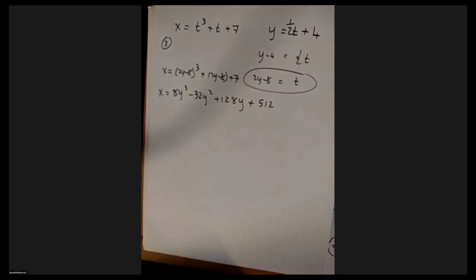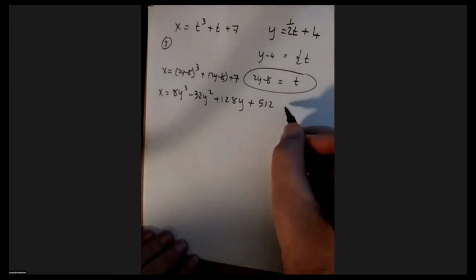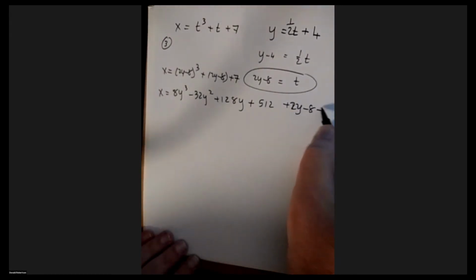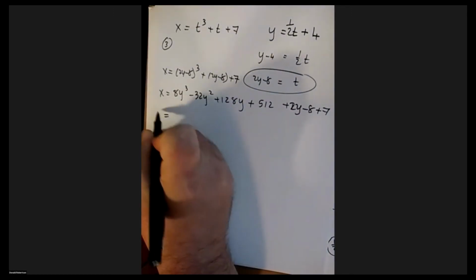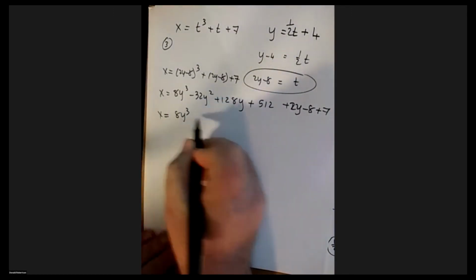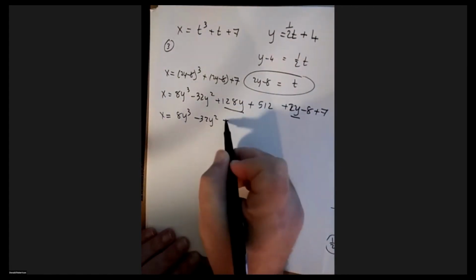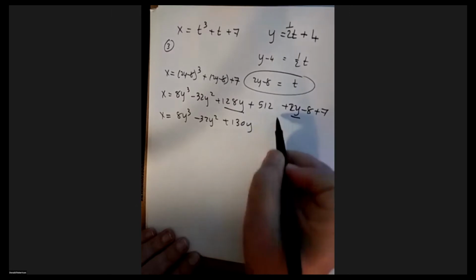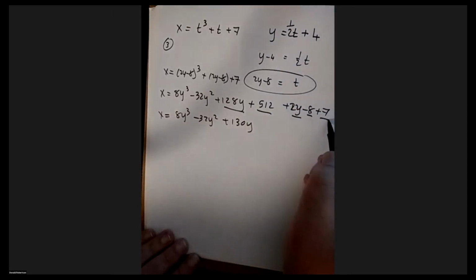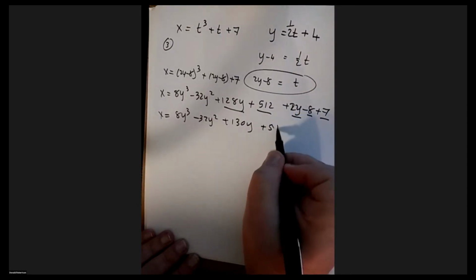And you should be impressed that I did that. Plus 2y, take away 8, add 7. So x is going to be 8y cubed, take away 32y squared. That guy and that guy gets you 130y. That guy, take away that guy, add that guy, I believe gets you 511.